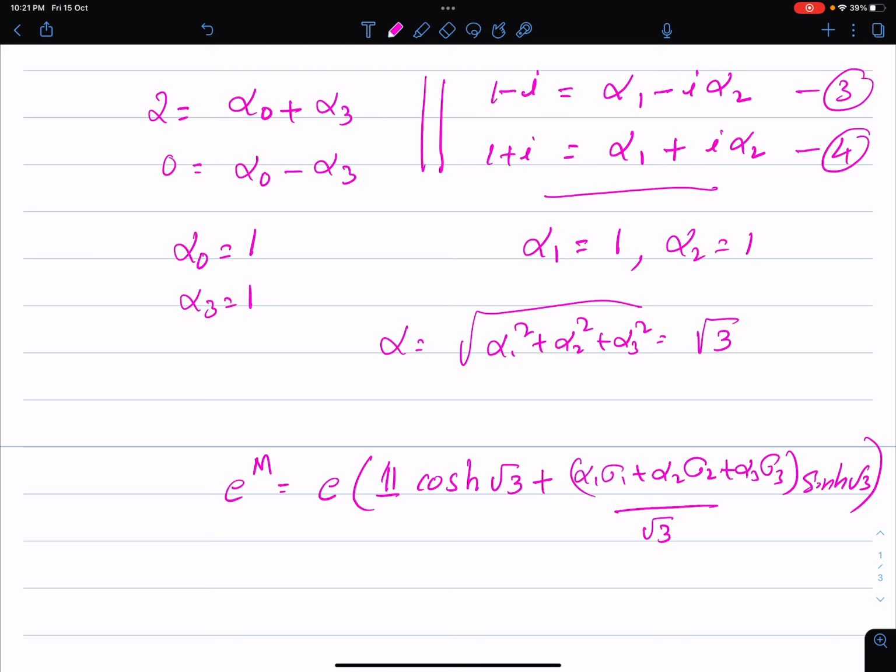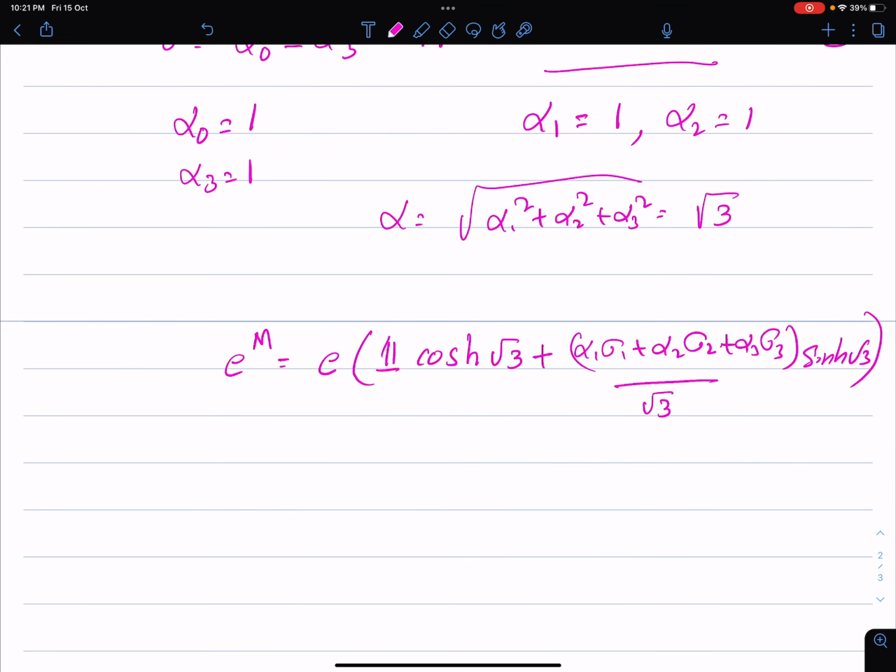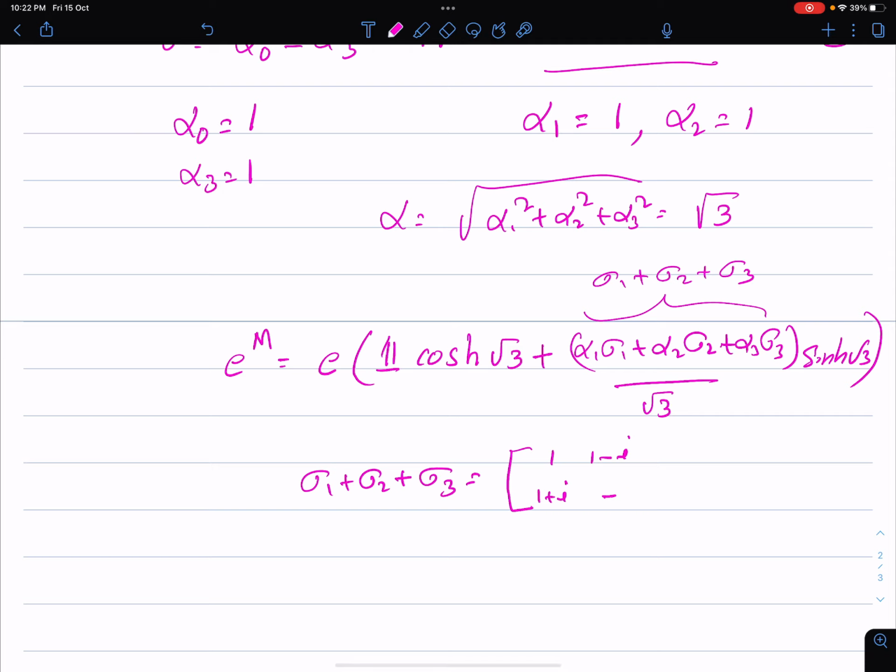Since alpha 1, alpha 2, alpha 3 are all 1, what you have to find out here is just sigma 1 plus sigma 2 plus sigma 3. You can see that sigma 1 plus sigma 2 plus sigma 3 is equal to 1, 1 minus i, 1 plus i, minus 1.